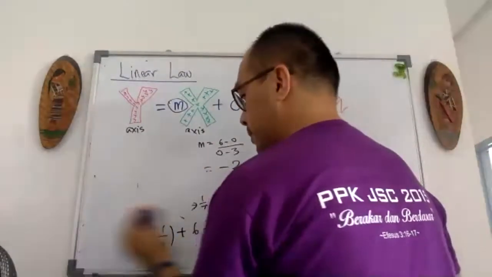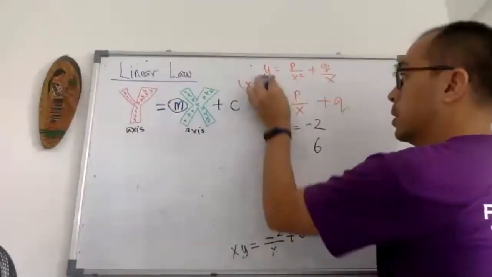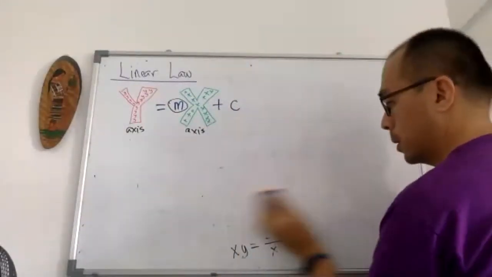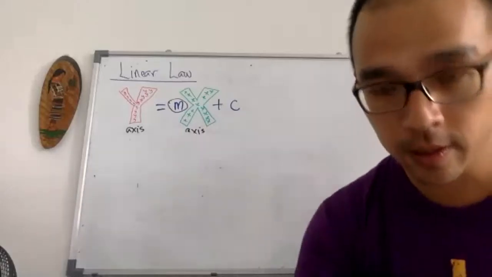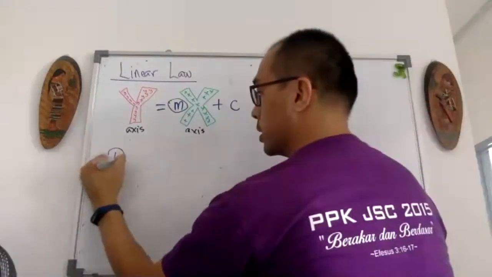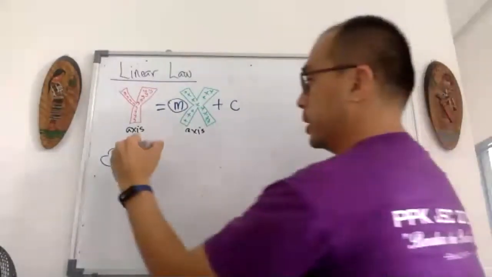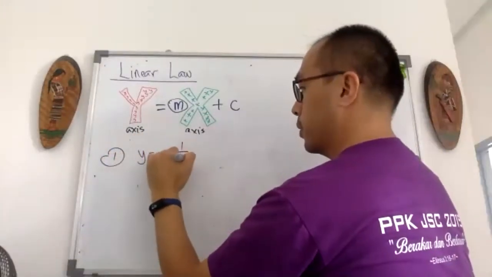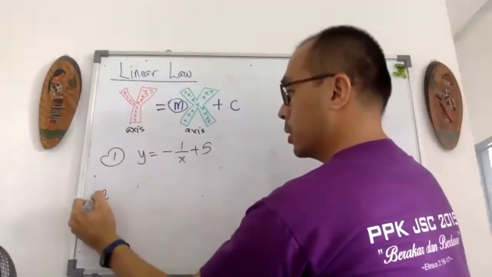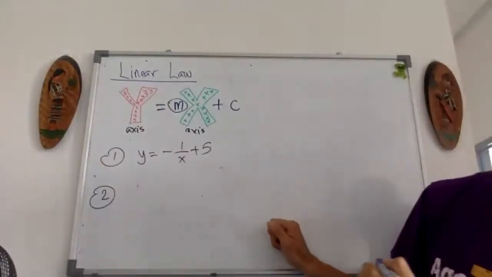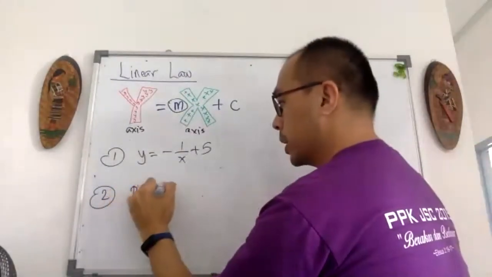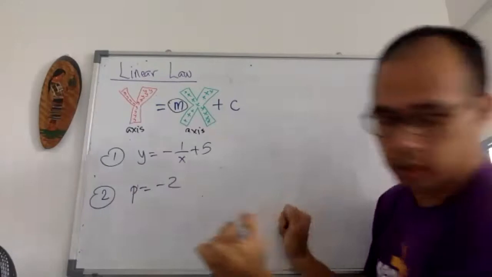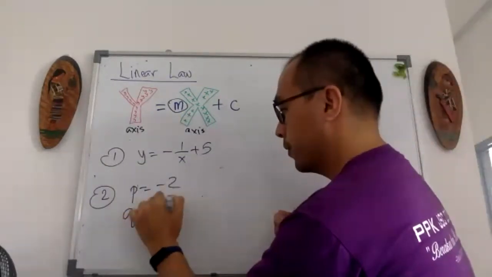Okay. Number 1. The answer is y equals to negative 1 over x plus y. Number 2, p equals to negative 2, q equals to 15.